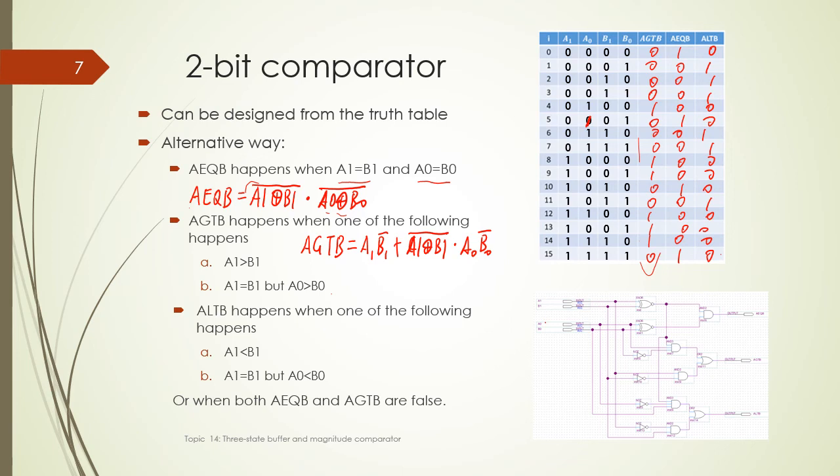So that's the function. You can do similar for A less than B. When would this happen? When A1 is 0 and B1 is 1, right?